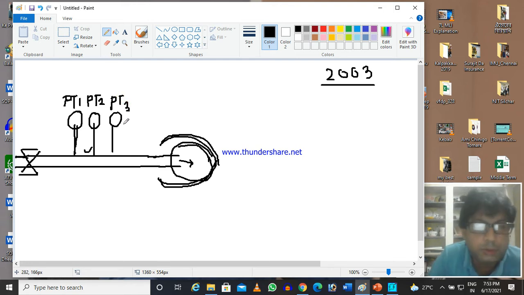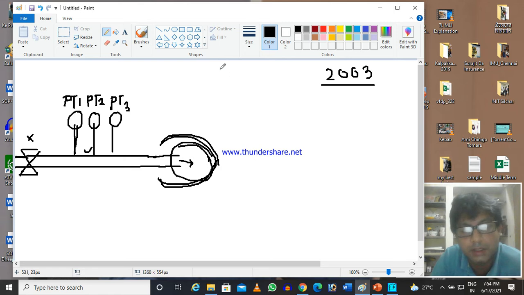The 2 out of 3 voting system is basically nothing but this: if any two of these 3 pressure transmitters indicate that the desired pressure is reached, at that time this solenoid valve should cut off. This is the 2 out of 3 voting system. That means at that time the molten silica will take the exact shape of the mold.